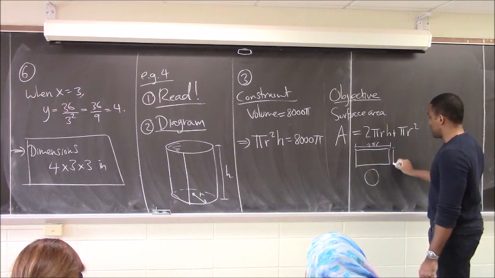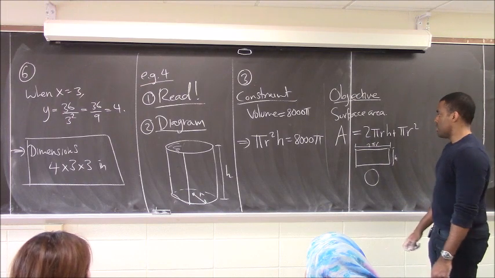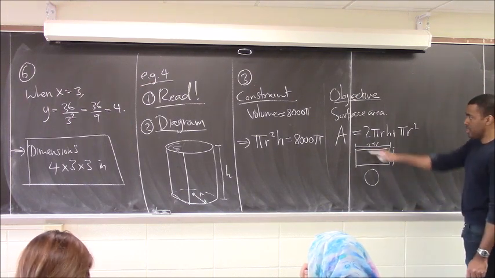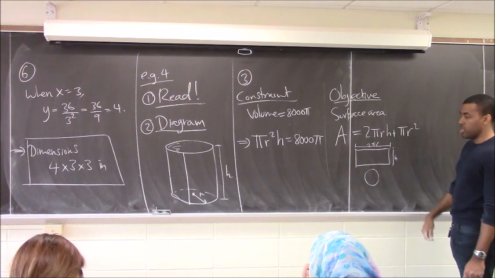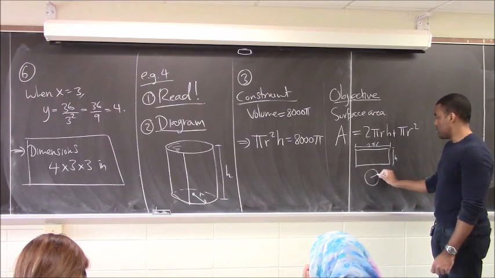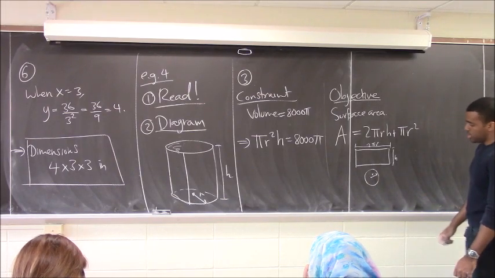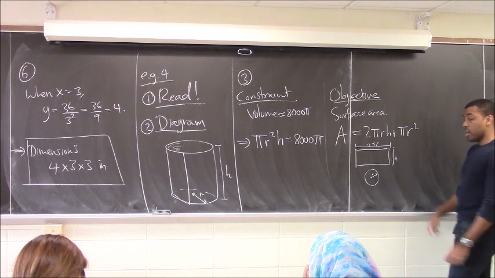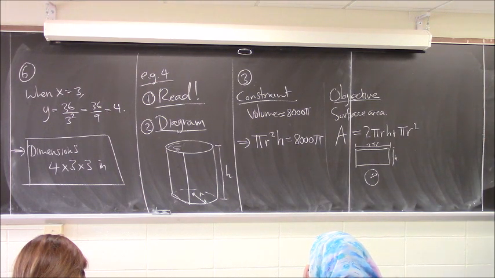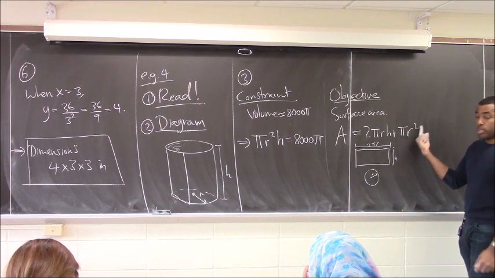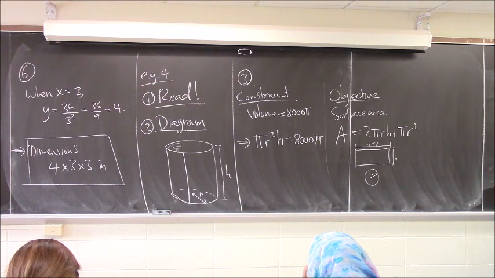And of course the height is going to be h. And so the area of the side is 2 pi r h, which is where this comes from. The disc, which is the base, is just a disc of radius r, and so that's going to be pi r squared per area. If there was a top, you would have 2 pi r squared, but there isn't. So that's my constraint and objective.